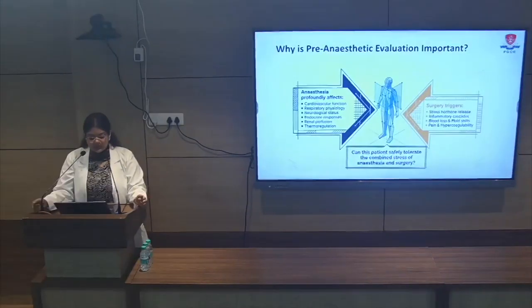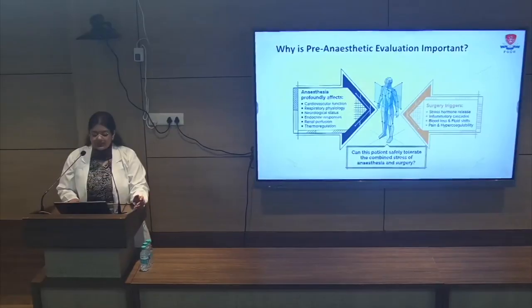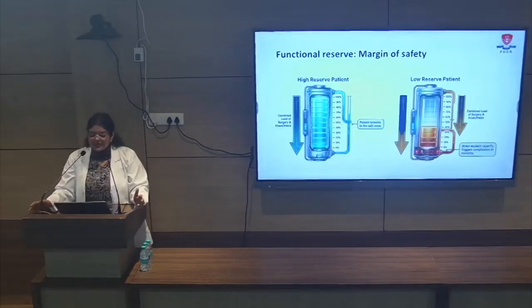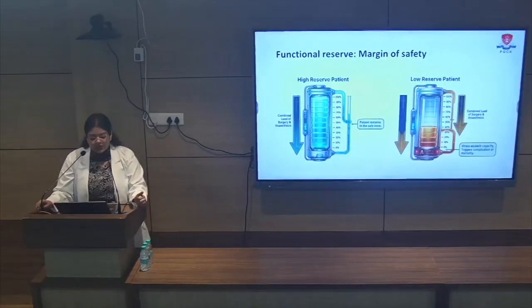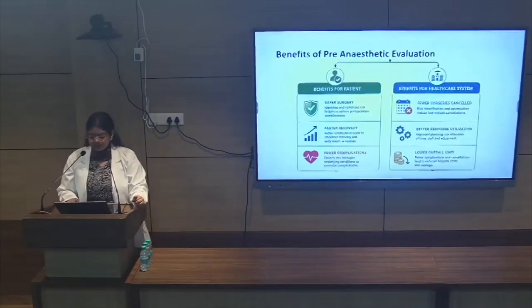So, can this patient tolerate the combined stress of anesthesia and surgery? The patient's ability to tolerate these physiological insults depends largely on their functional reserve, which varies considerably among individuals, and the pre-anesthetic evaluation helps us determine it.